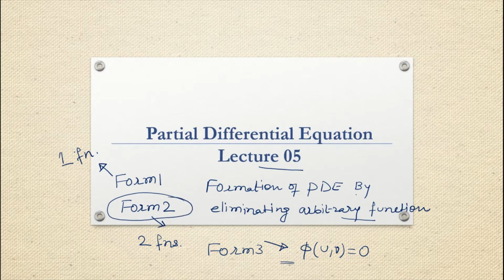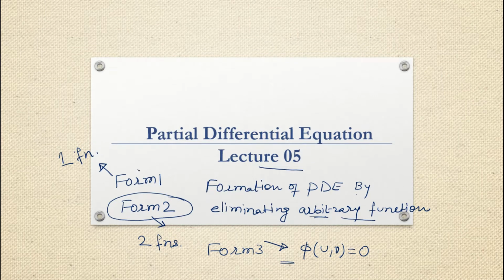So what we are saying is that the equation will contain two functions. If I have two arbitrary functions, that means I have to go for second order partial differential equation.